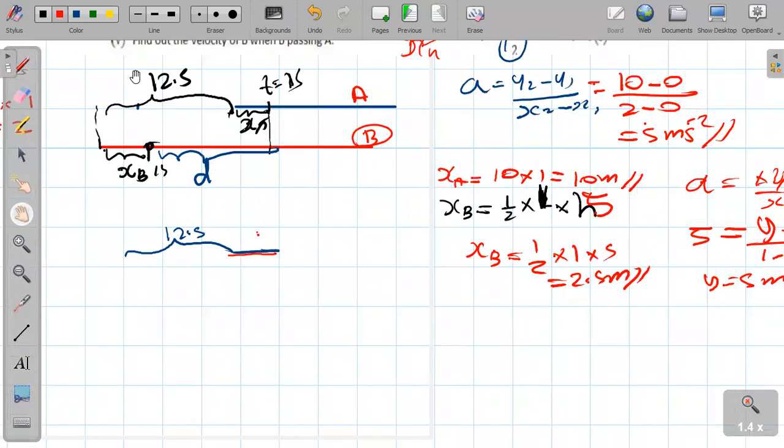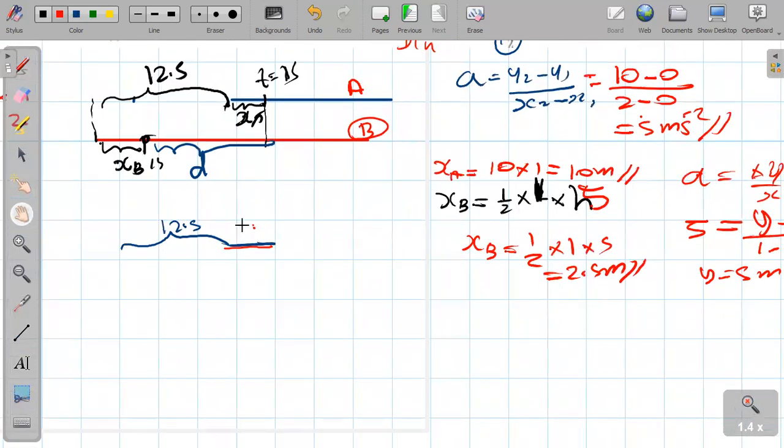Yeah, 10 meters. The gap extended by some 10 meters again by this one. And this one has moved some distance of 2.5, while the other one has extended 10 meters more. This one has only gained some. Now you need to find out the difference. How would you find the total distance?